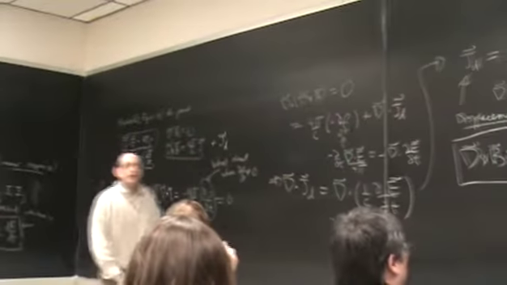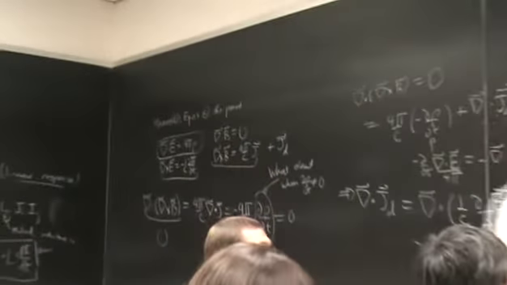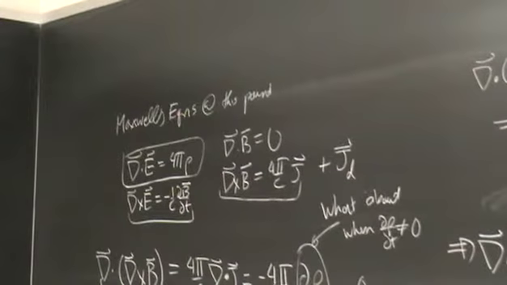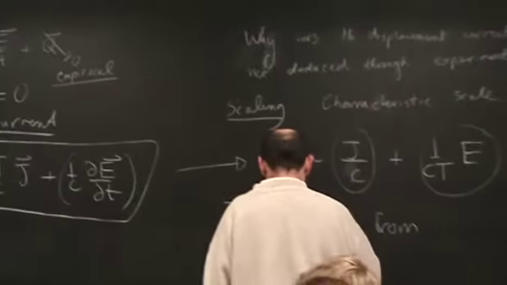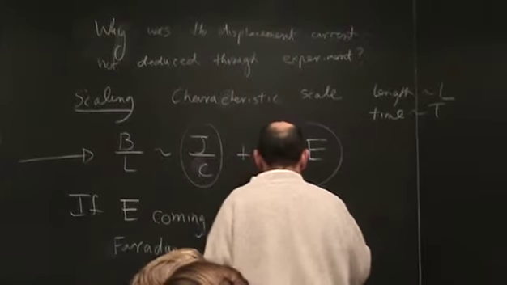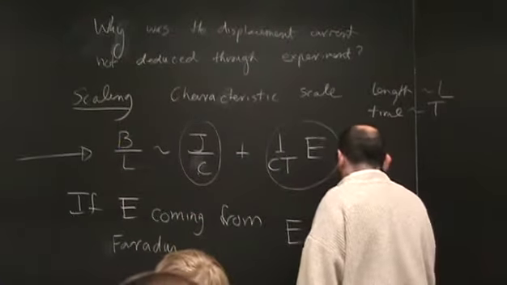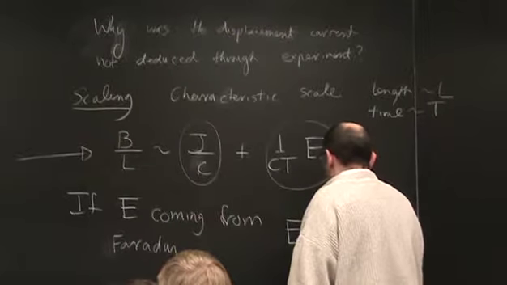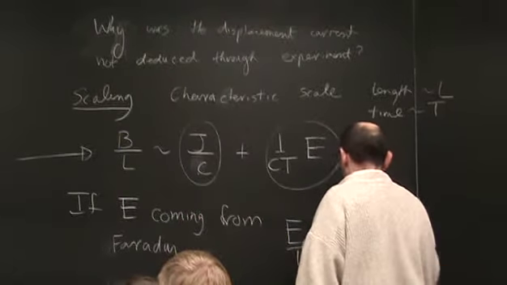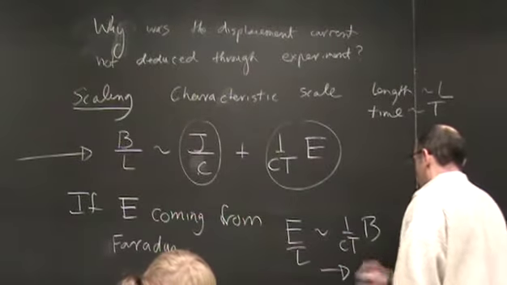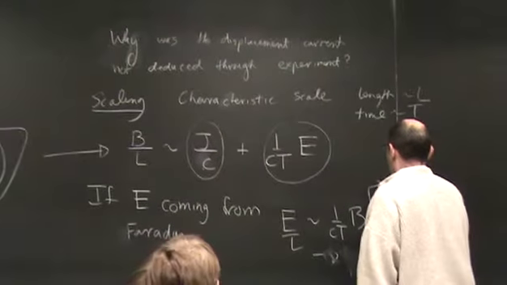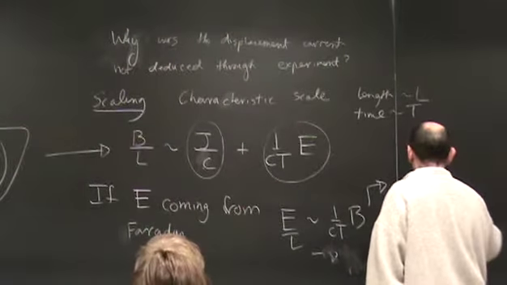But if E is coming from Faraday's law, then E over L is proportional to 1 over c times the time derivative of B, which says E goes like L over c T.